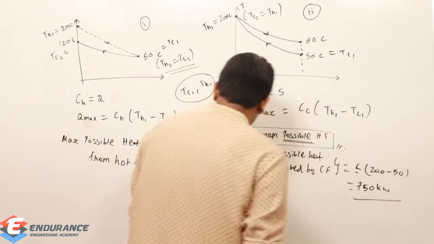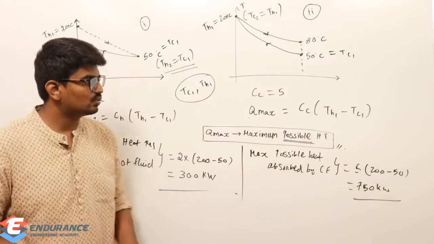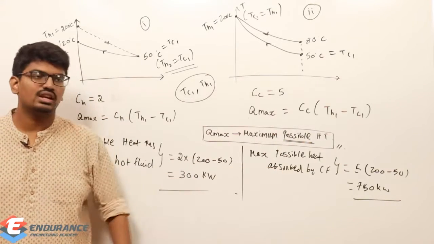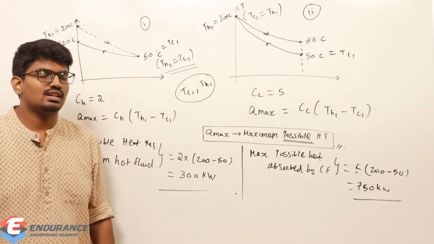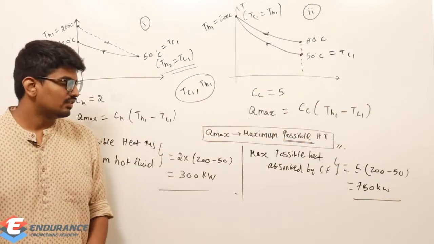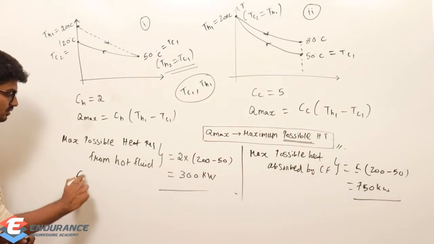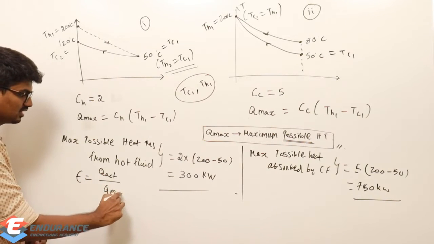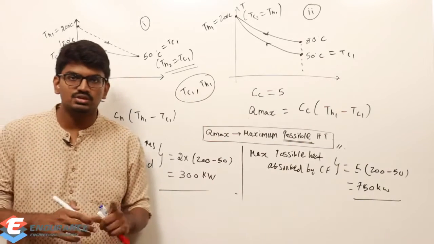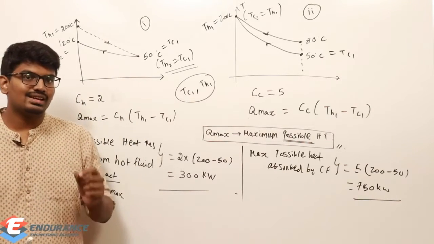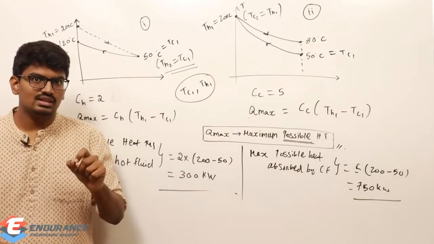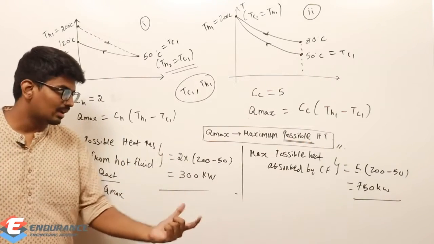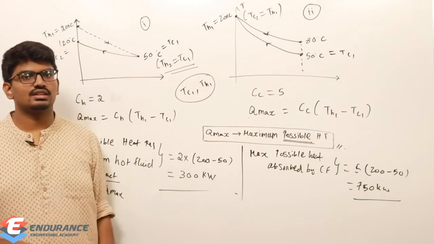Now, which one do I need to consider as Qmax? Do I need to take that as Qmax or do I need to take this as Qmax? Think logically. We know that effectiveness is equal to Q actual by Q maximum, right? And this Qmax is nothing but the maximum possible heat transfer. By considering case 1, which means hot fluid is reaching cold fluid's inlet temperature, I am getting my heat transfer to be 300 kilowatt.